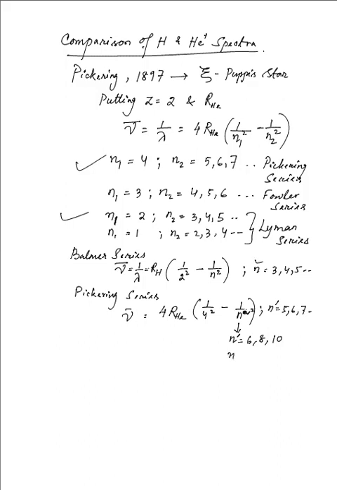So this must coincide for n equal to 3, 4, 5, and so on. But that is not the case. This coinciding would have been possible in case R of helium would have been equal to R of hydrogen, that is the Rydberg constant in each case. But that's not the case at all.